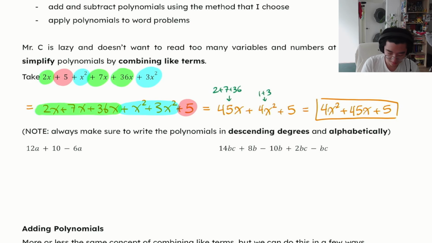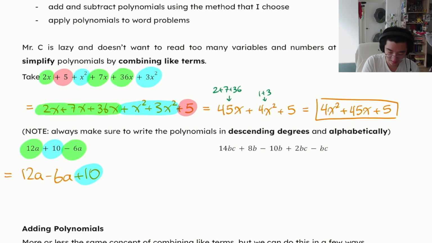Okay, so let's do some other examples here. You can see it doesn't really matter what variable it is. Now we've got two a's here, and then a constant by itself. First we rearrange. We've got 12a minus 6a, and then plus a 10.